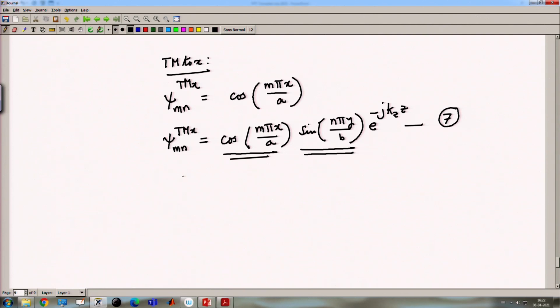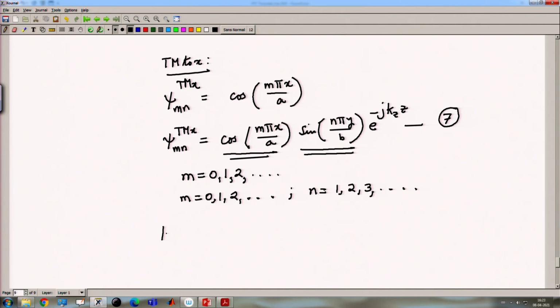So, in this case m can take the values of 0, 1, 2, etcetera, and n can take the values of 1, 2, 3, etcetera.